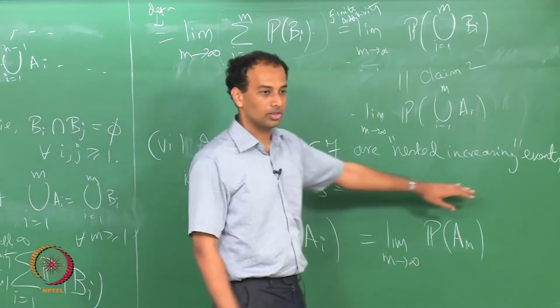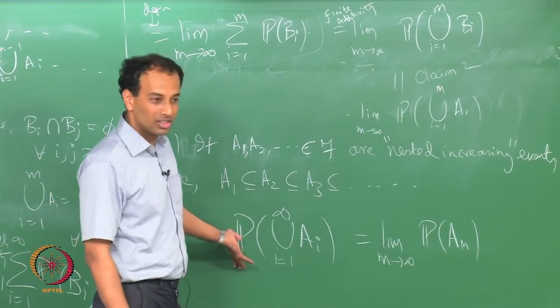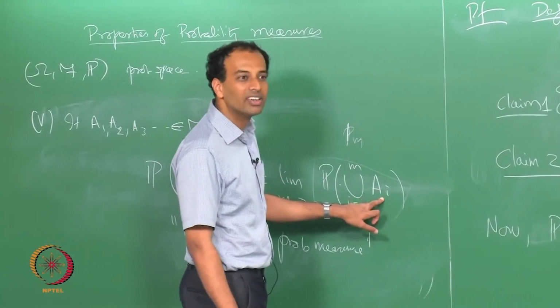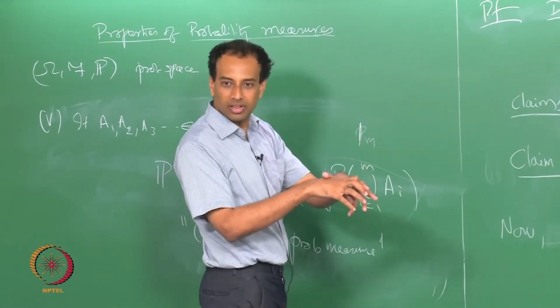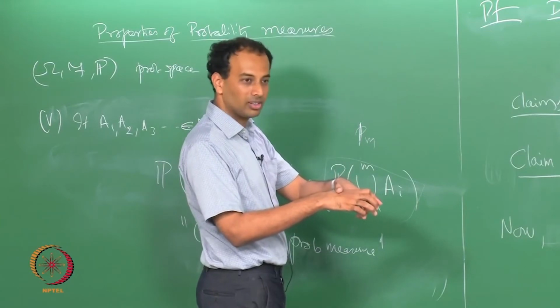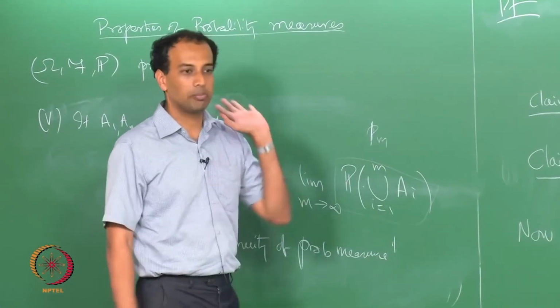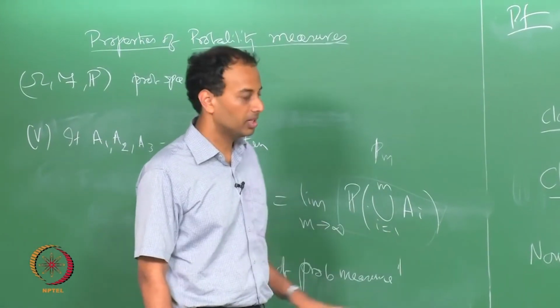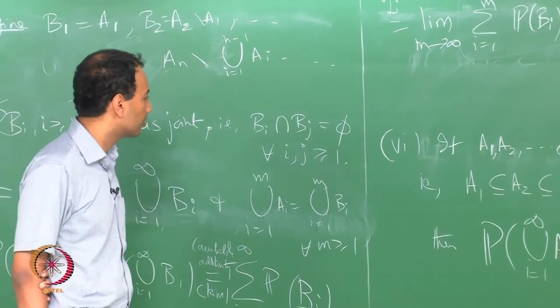If you have this situation, then this is nothing but a very easy corollary to the previous result. The union i equal to 1 through m of Ai will simply be Am, because Am is the biggest and the others are all contained in it. So the limit simply becomes the probability of Am, very easy corollary. Any questions?